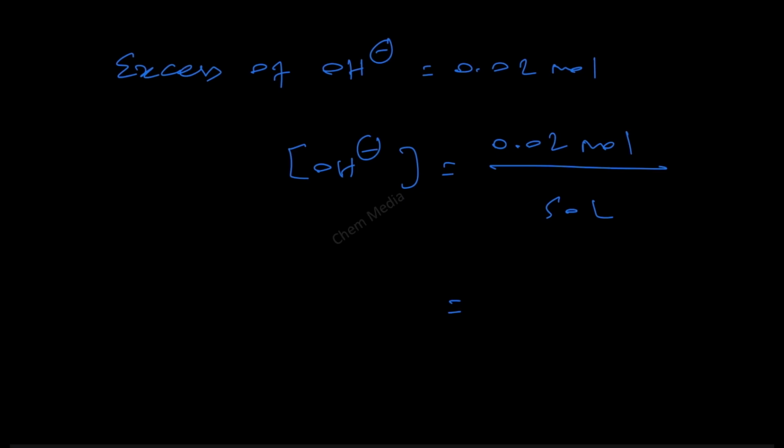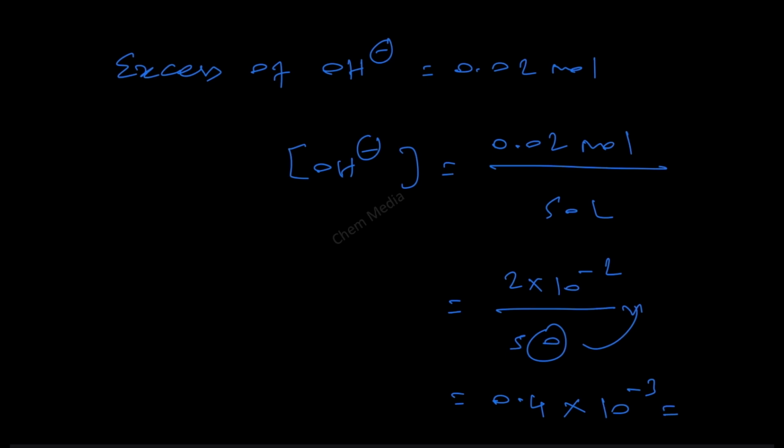Therefore, this is equal to 2 times 10 to the power minus 2 divided by 50. 2 by 5 is 0.4. So 0.4 times, when this 0 goes up, it would become 10 to the power minus 1. So 10 to the power minus 3, which we can write as 4 times 10 to the power minus 4.